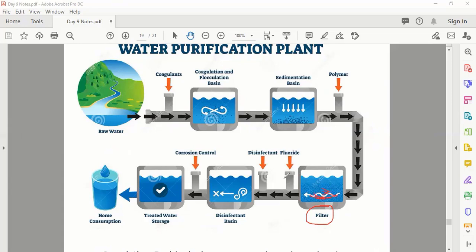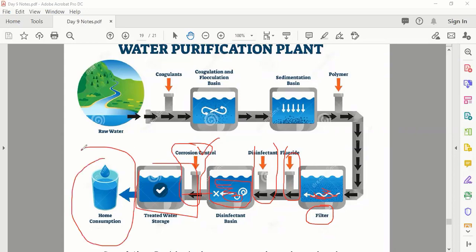After that they'll use fluoride. After that they use chlorine. Again here you can see the chlorine basin where chlorine is mixed completely. After that they have a special tank where they store the water, and here they will process it so there will be no rust in the water, and then after that it is transferred to the home. Any problem?